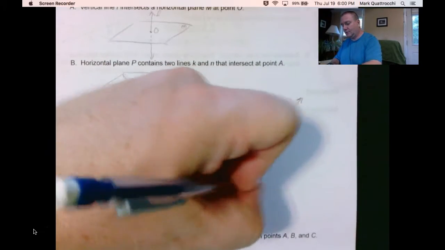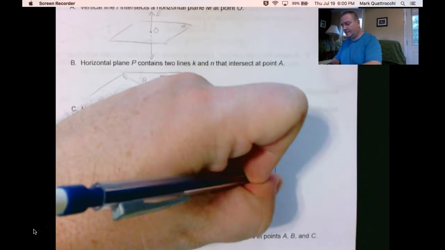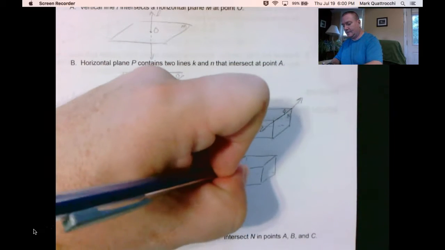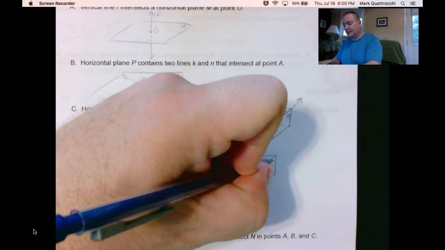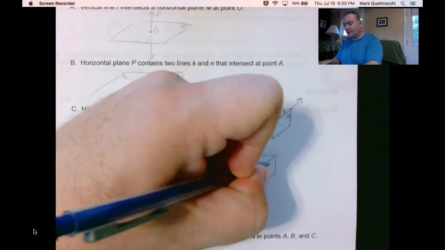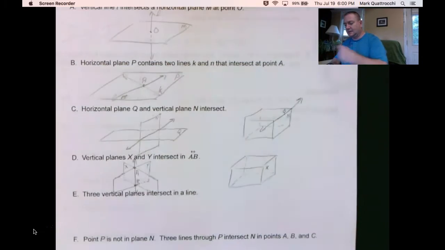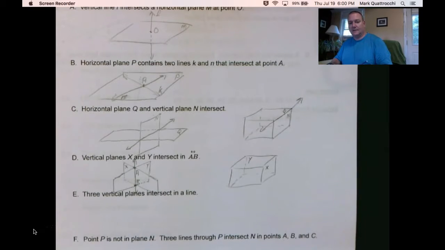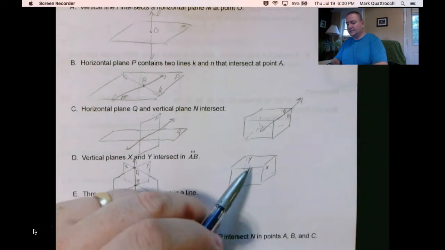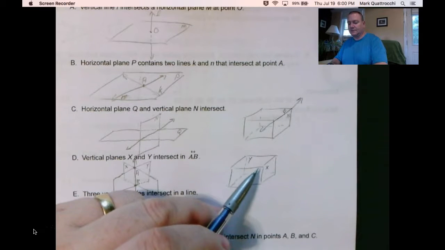Same thing with D. Can draw another cube. I'm doing this awfully quick. There's our cube. We have two vertical planes, X and Y. So let's make X the front right and Y the back. And it's a little tricky because is that Y on the top or is it on the back?